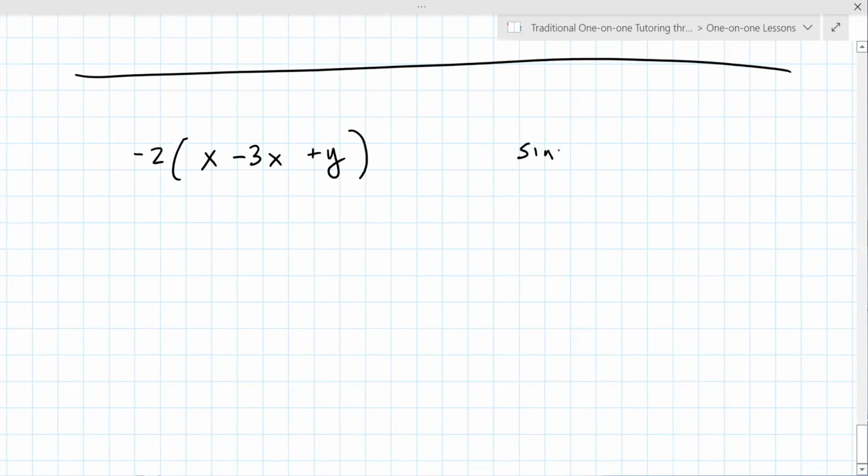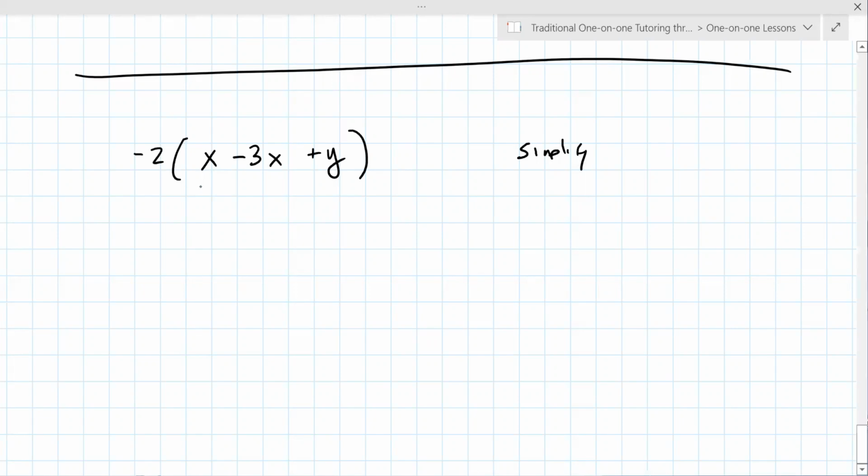So this would just say to simplify. I got 12x plus y.